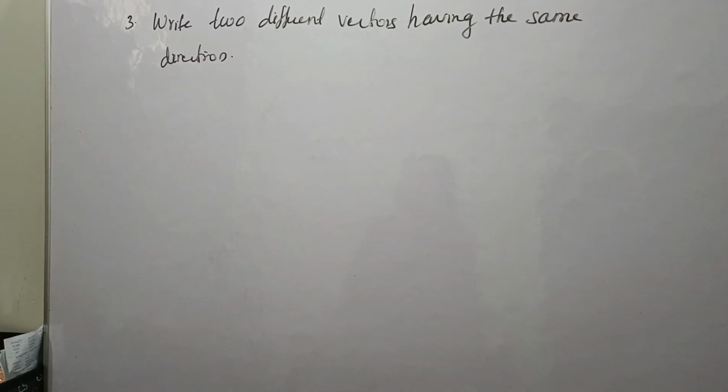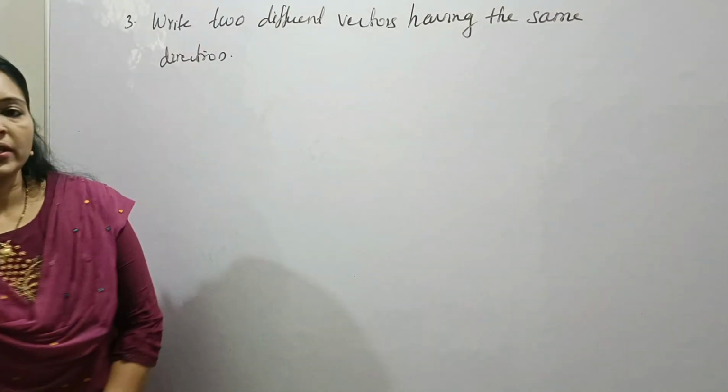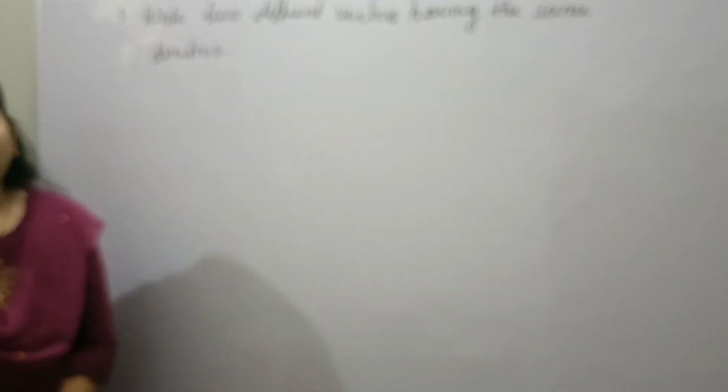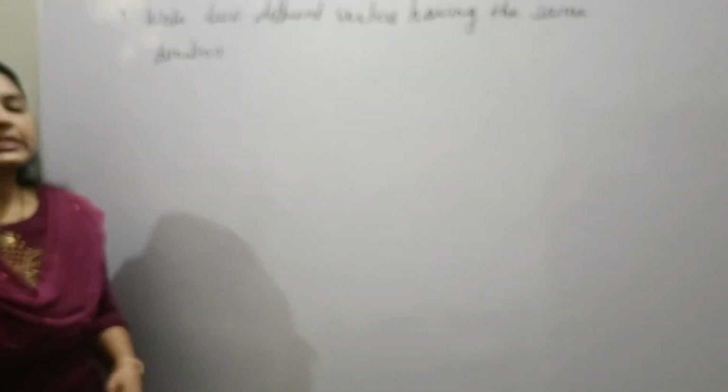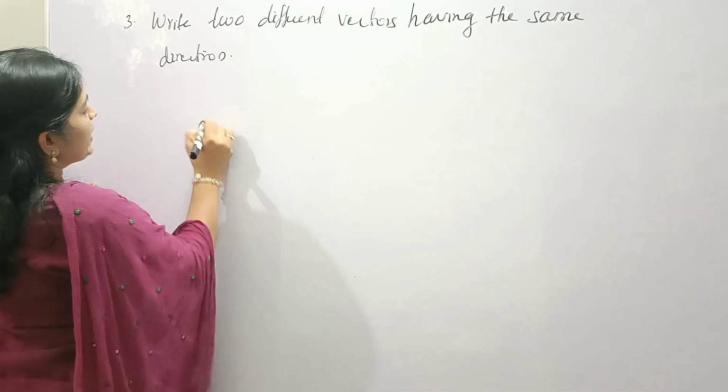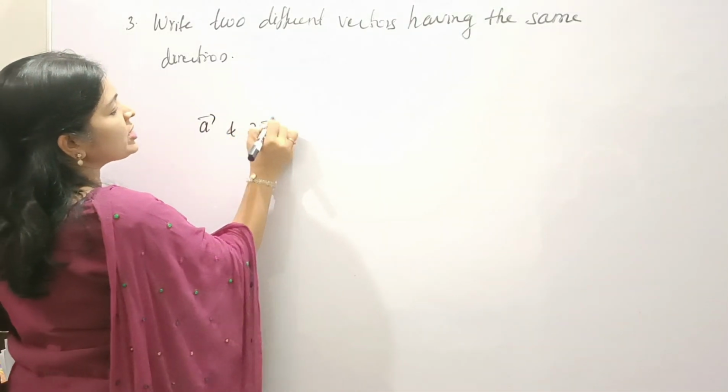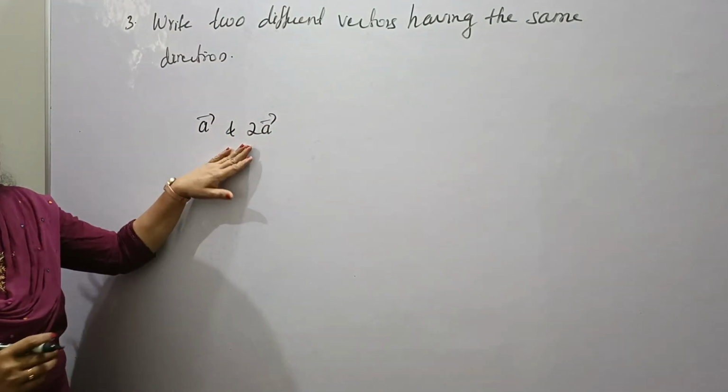Write two different vectors having the same direction. Here we have to write two vectors having the same direction, right? So here we studied that vector A and vector 2A have the same direction.